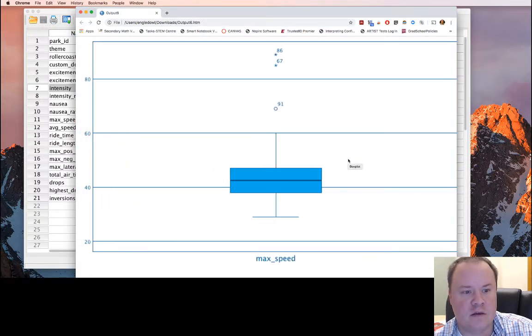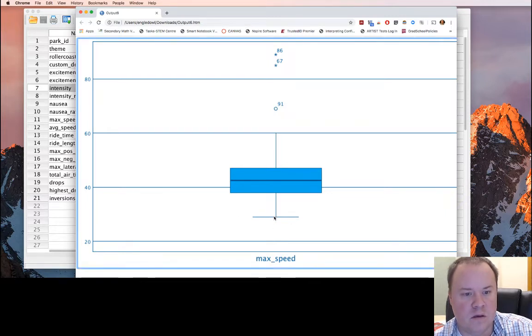And then if we look at the box plot here, this first line down here at the bottom is the minimum, which it's not showing me what it is, but it was 29, I think. And then the first line on the box plot is Q1, the 25th percentile. So 25% of the data is here between the minimum and Q1.